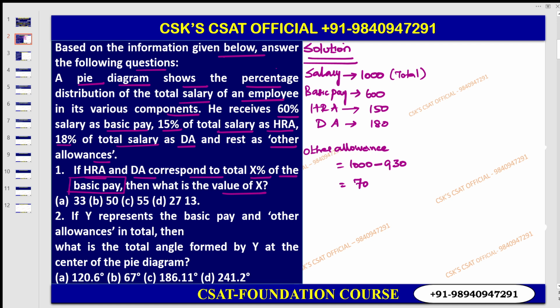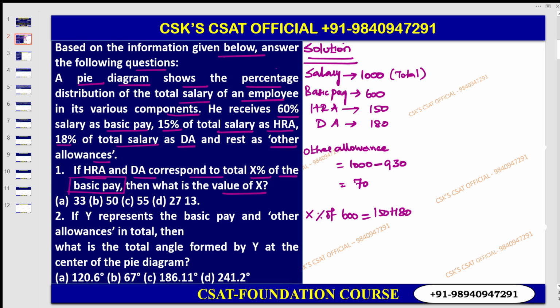Now after finding this data, move on. HRA and DA correspond to X percent of the basic pay. What is the basic pay? 600. So HRA and DA correspond to X percent of the total basic pay. Now we can take HRA and DA and add up: 150 plus 180.